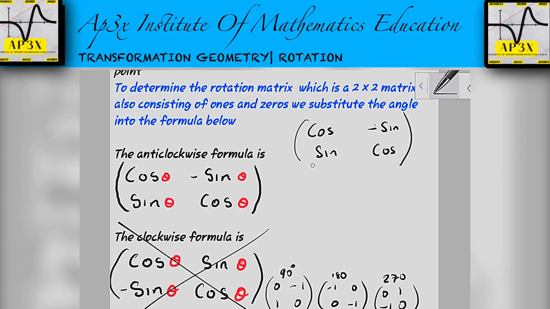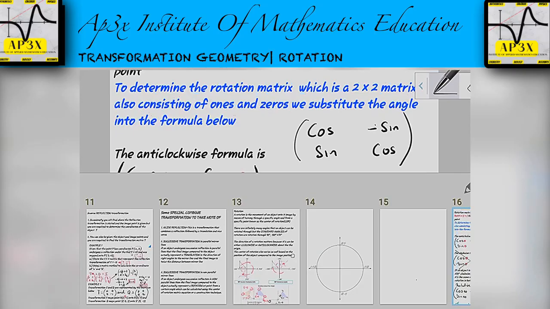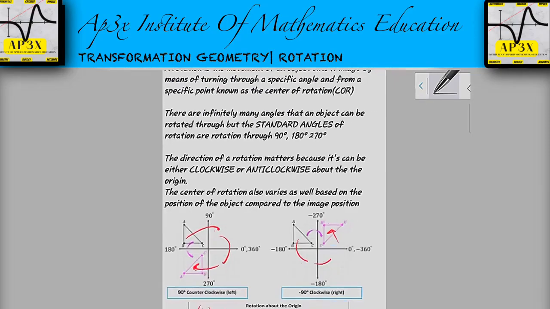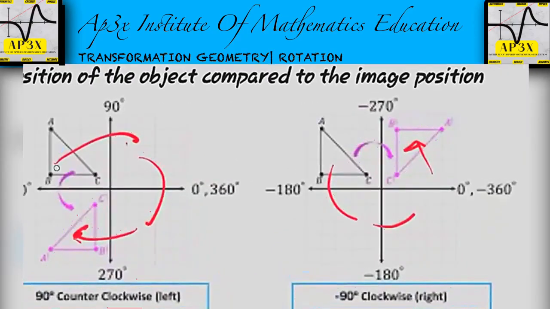So if they hit you with a clockwise rotation question, but you are only remembering the anti-clockwise formula, then in our slide that we had at the front here, we were discussing that going 90 degrees anti-clockwise is the same as 270 degrees clockwise, and going 90 degrees clockwise is the same thing as going 270 degrees anti-clockwise.